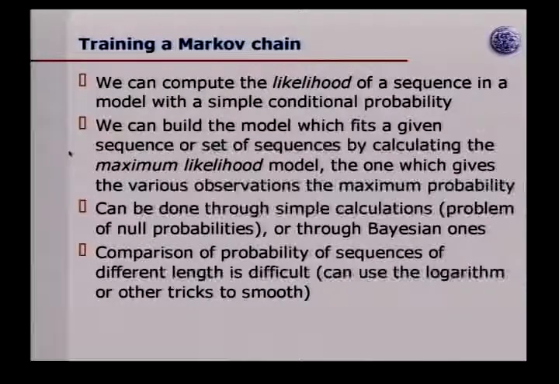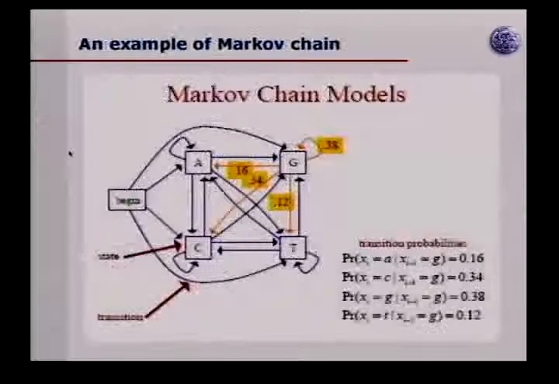So there's another problem, which is the fact that if you compute the probability for a short sequence and then for a long sequence, obviously the probability for the long sequence will be lower than the probability for the short sequence because you traverse more than one arc which has a weight lower than 1.